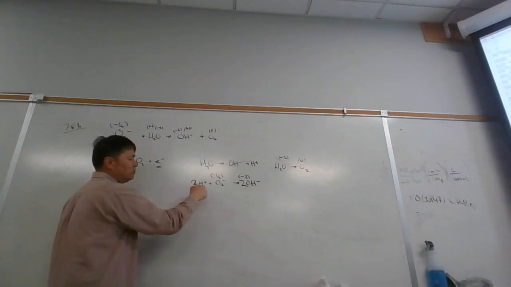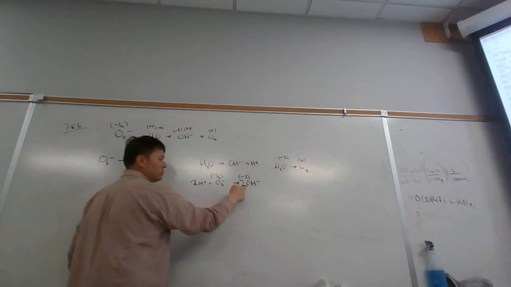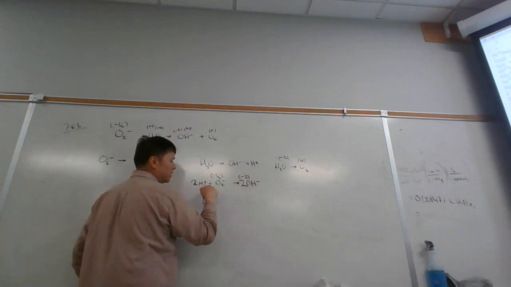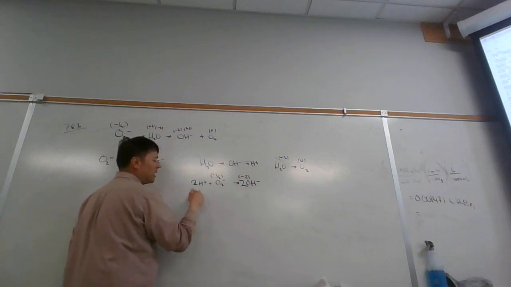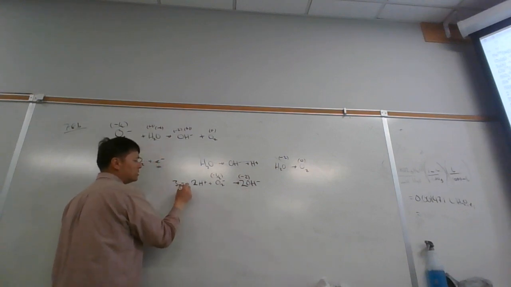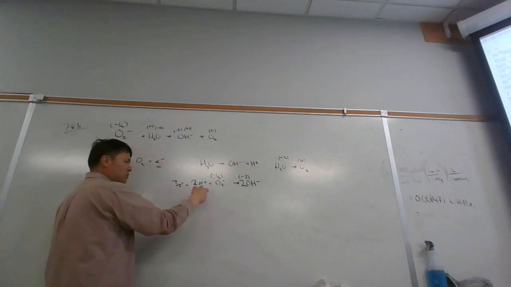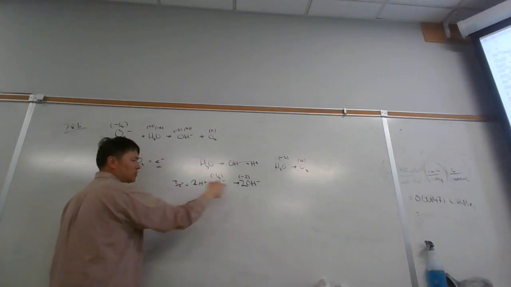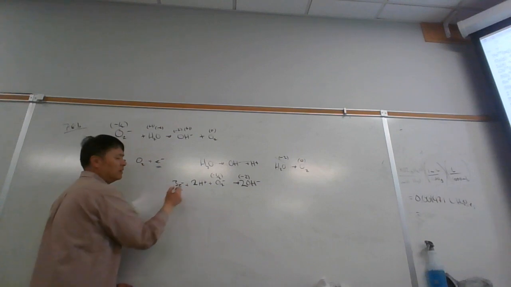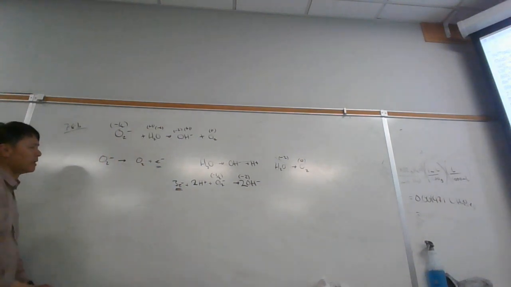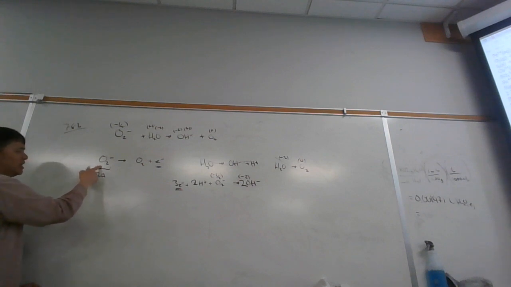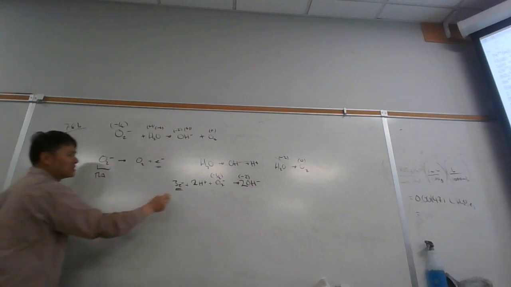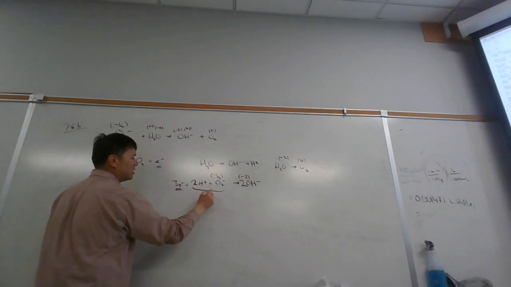So +2 - 1. +2 - 1 is +1. 2 times -1 is -2. So we have +1 - 2. So +1 and -2, to get them to match, we need 3 electrons. As if I take +1 - 3 gives us -2, and that's equal to that. Now I have the oxidizer. And so in order to do redox, we need a reducing agent. The reducing agent loses, and we need an oxidizing agent. The oxidizing agent gains.